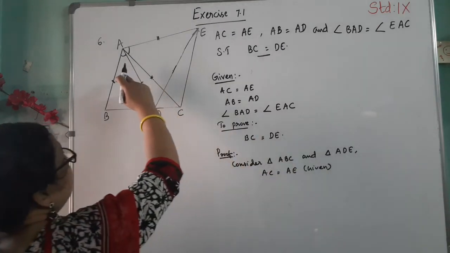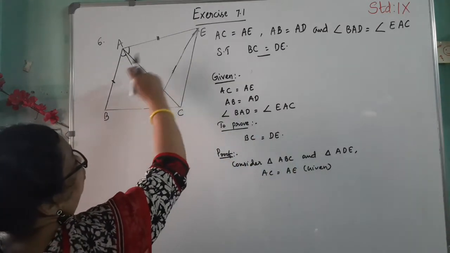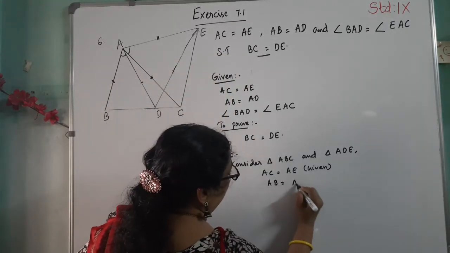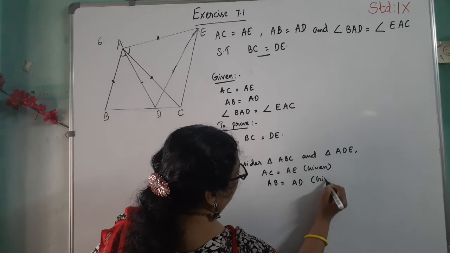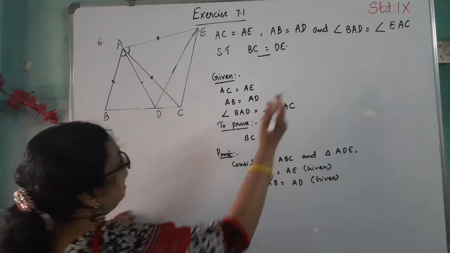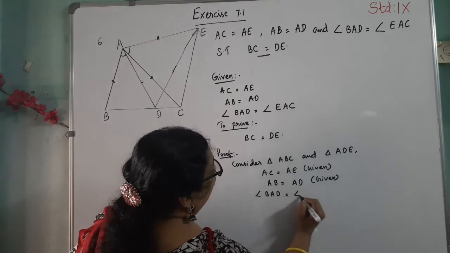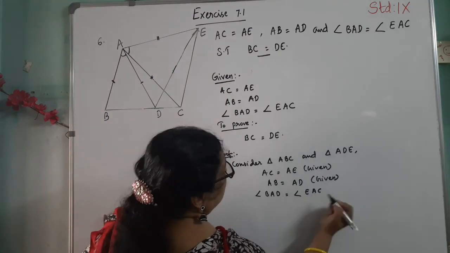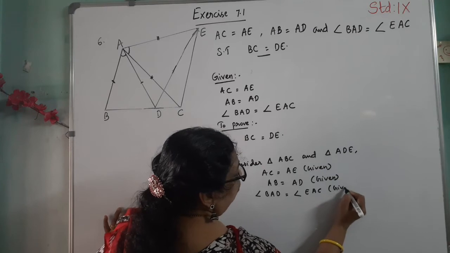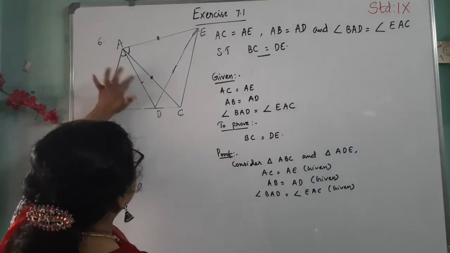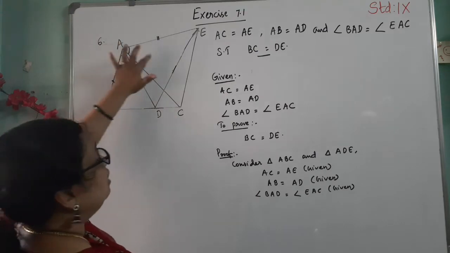Then AB equal to AD, that is also given. Then angle BAD equal to angle EAC, that is also given. This angle BAD and this angle are equal, it is given.